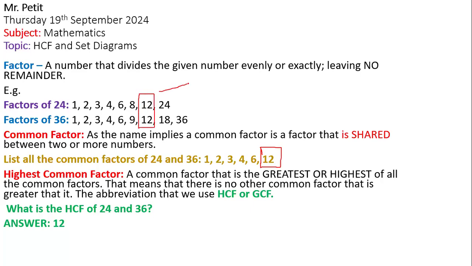So this right here is the HCF or the GCF. The HCF is the highest of all the common factors, and in this case, it is 12. Again, the highest common factor of 24 and 36 is 12.